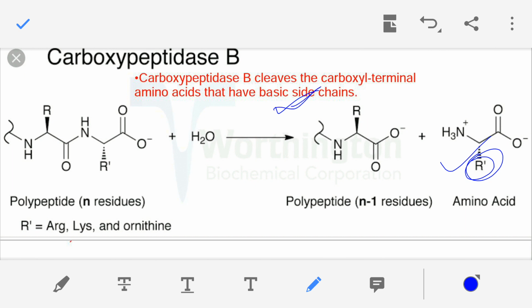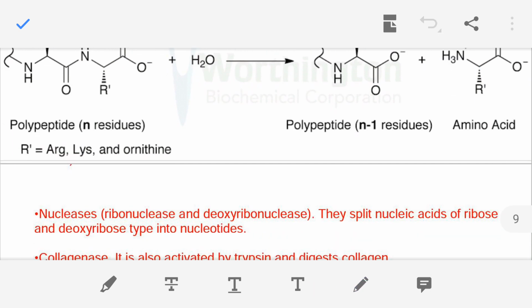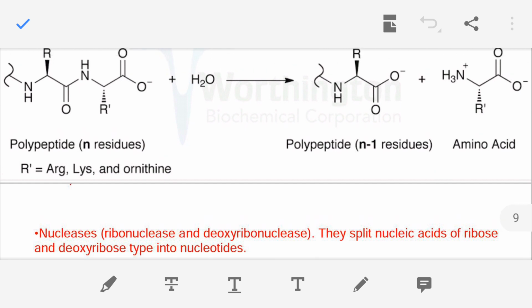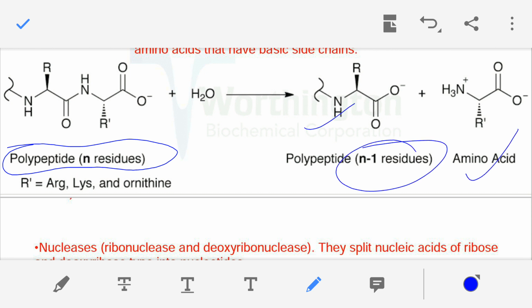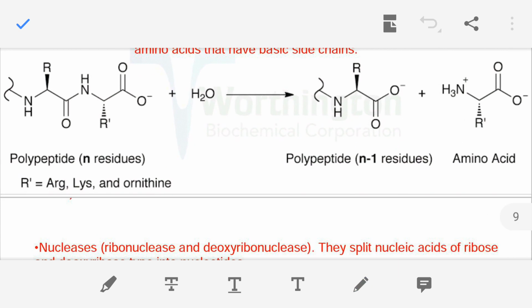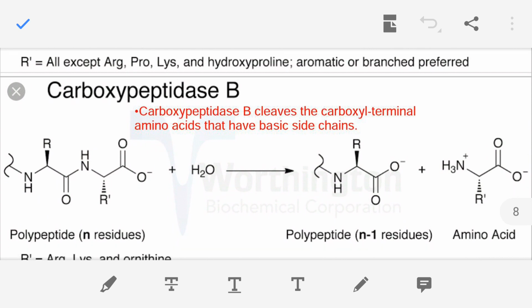It is a basic side chain. So the amino acids released are arginine, lysine and ornithine. On the left-hand side, the polypeptide has N residues, that means N amino acids were present, and now the polypeptide is N minus 1. One amino acid is cleaved off. So this is the action of carboxypeptidase A and B.